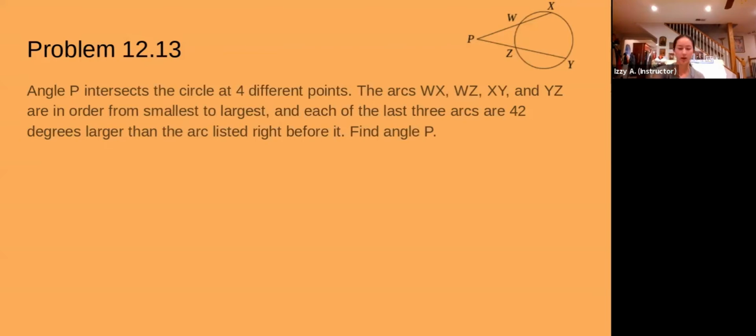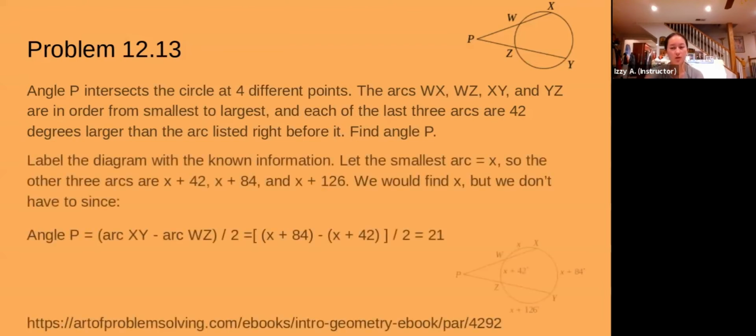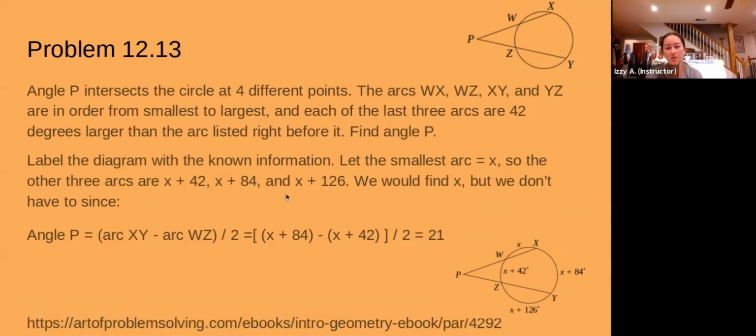Okay, we can go ahead and go over this problem. First we want to label the diagram with the known information. So let the smallest arc equal x. Then the other 3 arcs are x plus 42, x plus 84, and x plus 126.